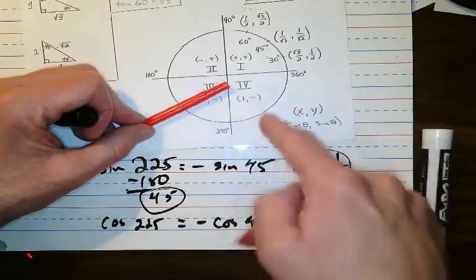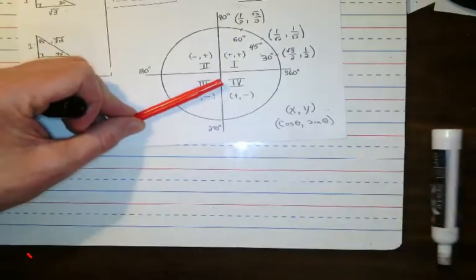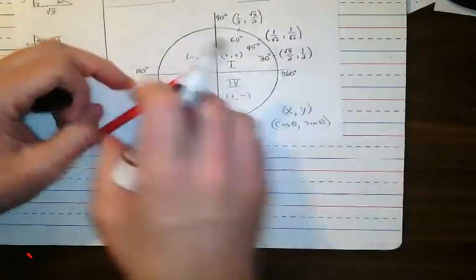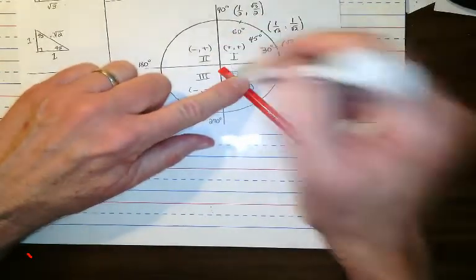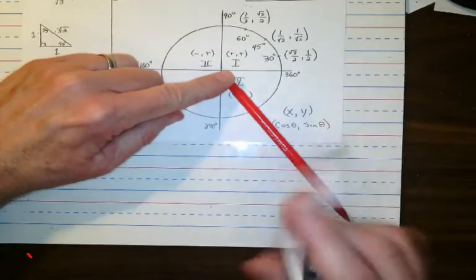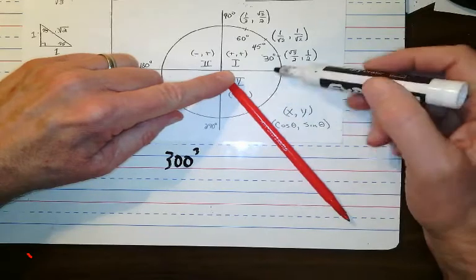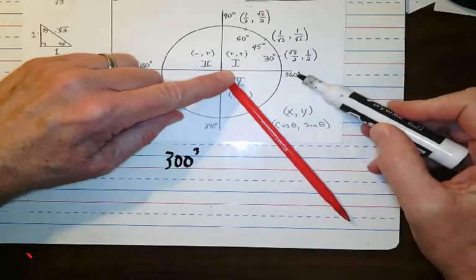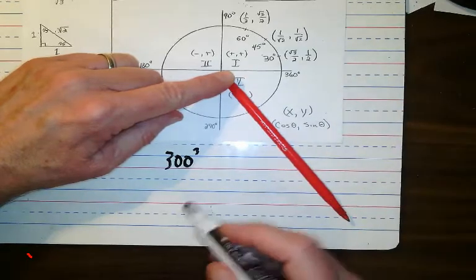Let's do one more. Let's do one down here. The unit circle. So let's do over here, say we do 300. Okay, 300 degrees. How far away is that from the x-axis? Well, if this is 360 and this one's 300, that'd be 60 away, right?